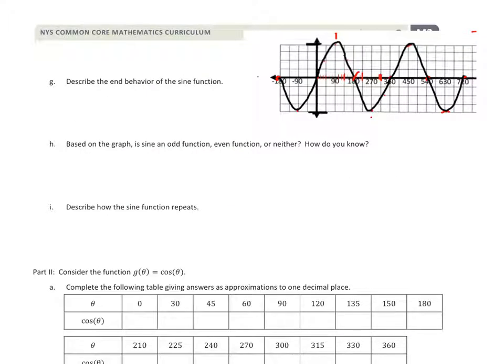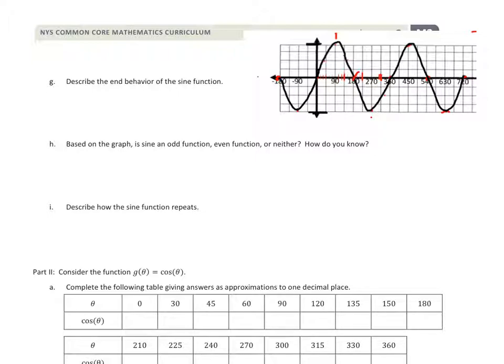Describe the end behavior of the function. In other words, where do you think this function is going to end? It's never going to end. Does it go all the way to the right forever? And what about to the left? Yes.